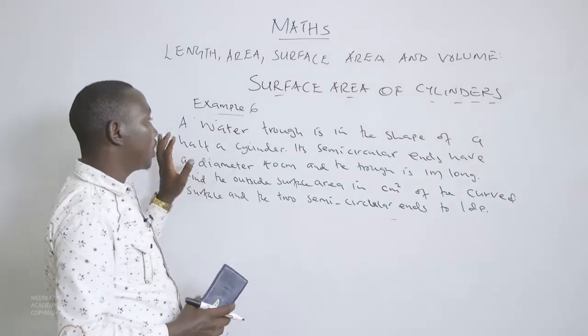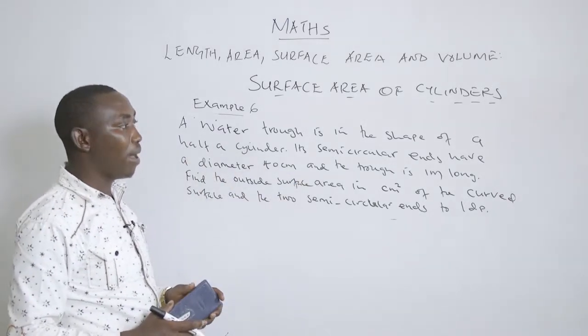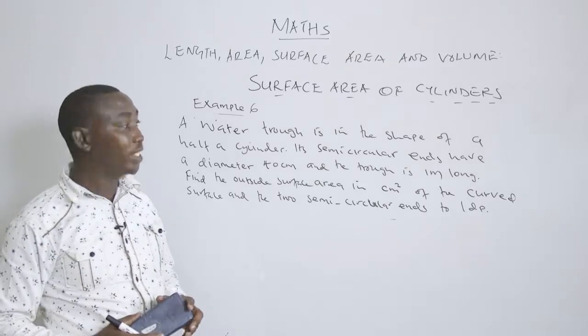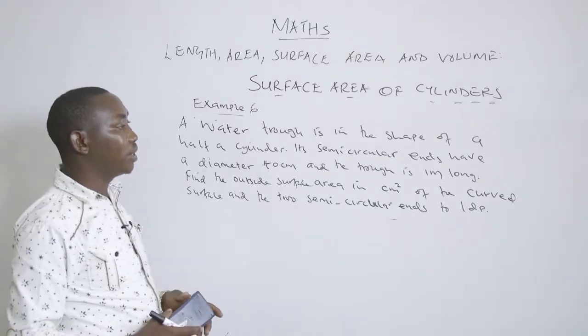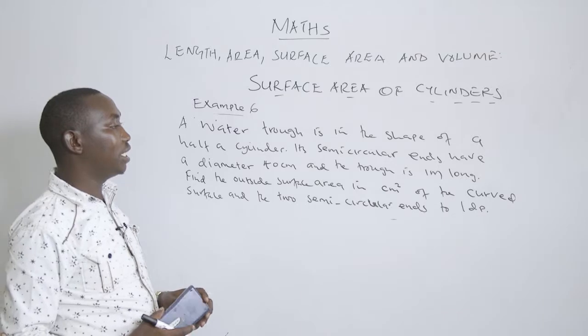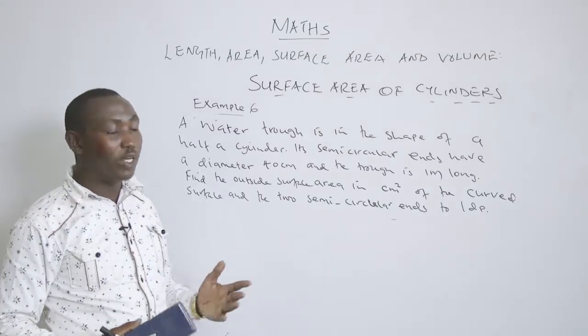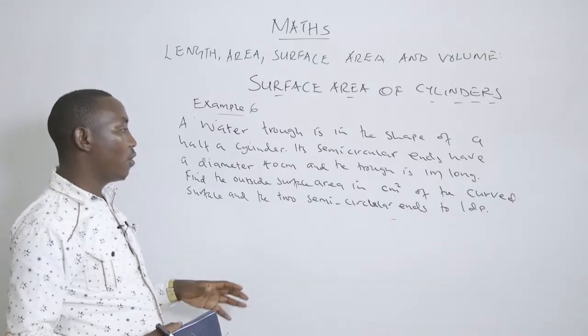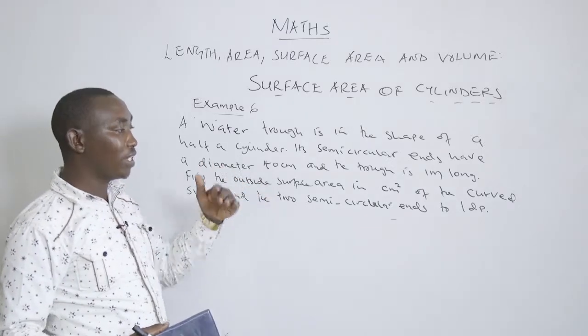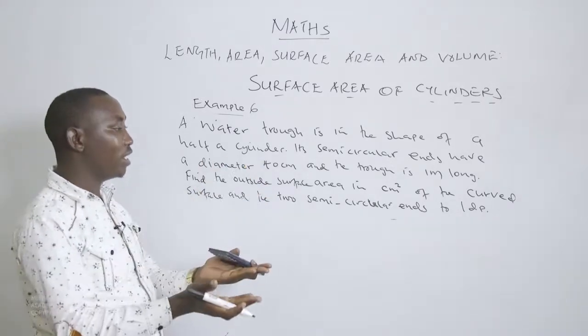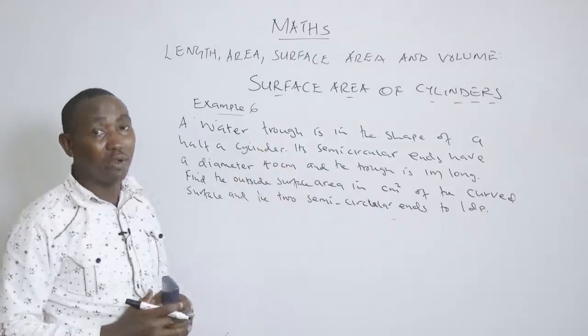So here we have a trough which has been made in the shape of half a cylinder. The semicircular ends have a diameter of 40 centimeters, and our trough is 1 meter long. We are supposed to find the outside surface area of the curved surface and the two semicircular ends.